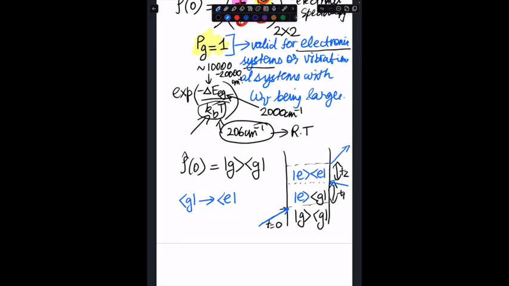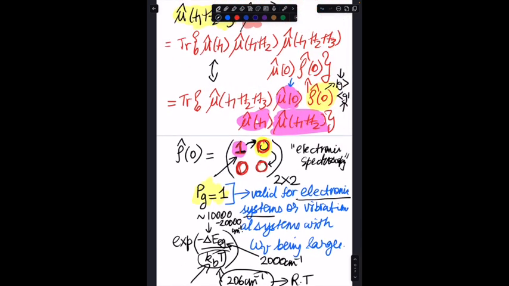So this emission is shown by this outward arrow, and it brings your system back into a coherent state. So you go back to EG. And now you have to go back to your expression.